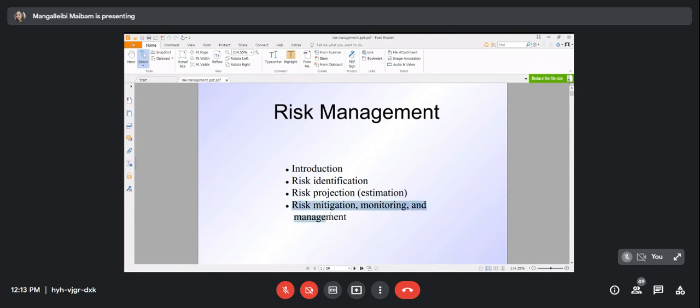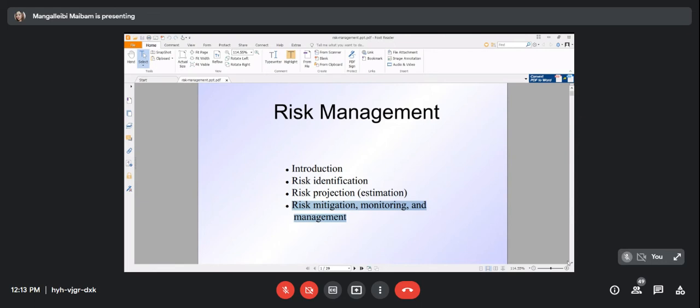The last one is known as the RMMM plan, risk mitigation, monitoring, and management. We have three M's. The RMMM plan will be studied separately.